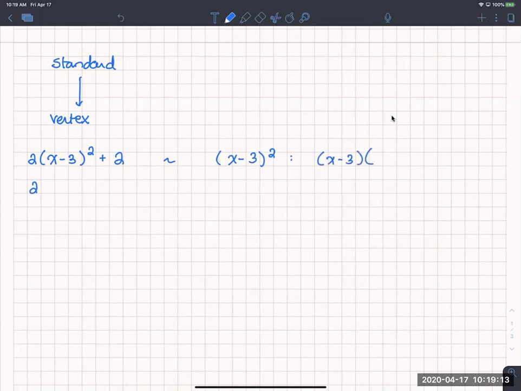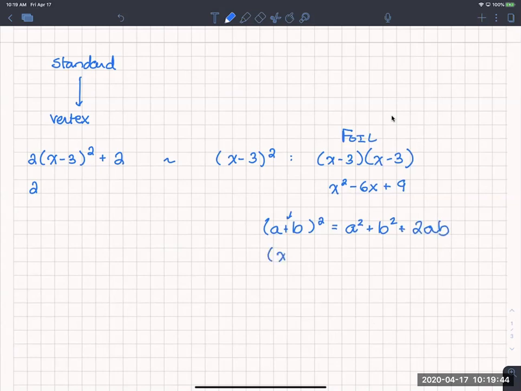You can either multiply the binomial by itself using foiling, or you can use a formula that (a plus b) squared is the first term squared plus the second term squared plus or minus, depending on what the middle sign is, 2 times the first term times the second term.